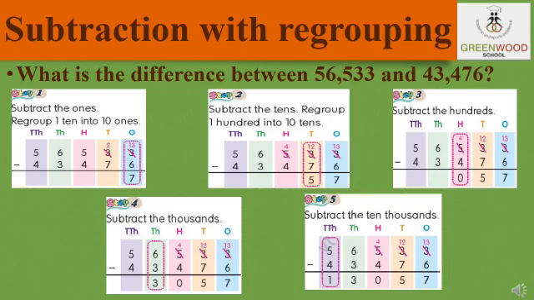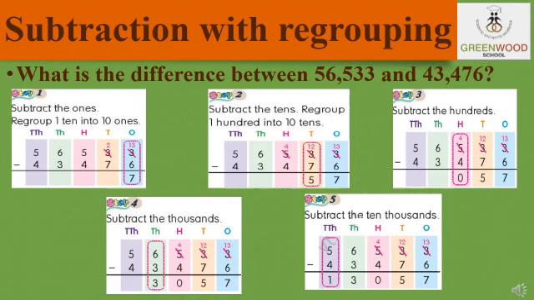Now we move on to step 3, that is subtract the hundreds. Now we gave one number to the tens place, so over there we'll subtract 4 and 4, that is 4 minus 4 is equal to 0. Now step 4, subtract the thousands.